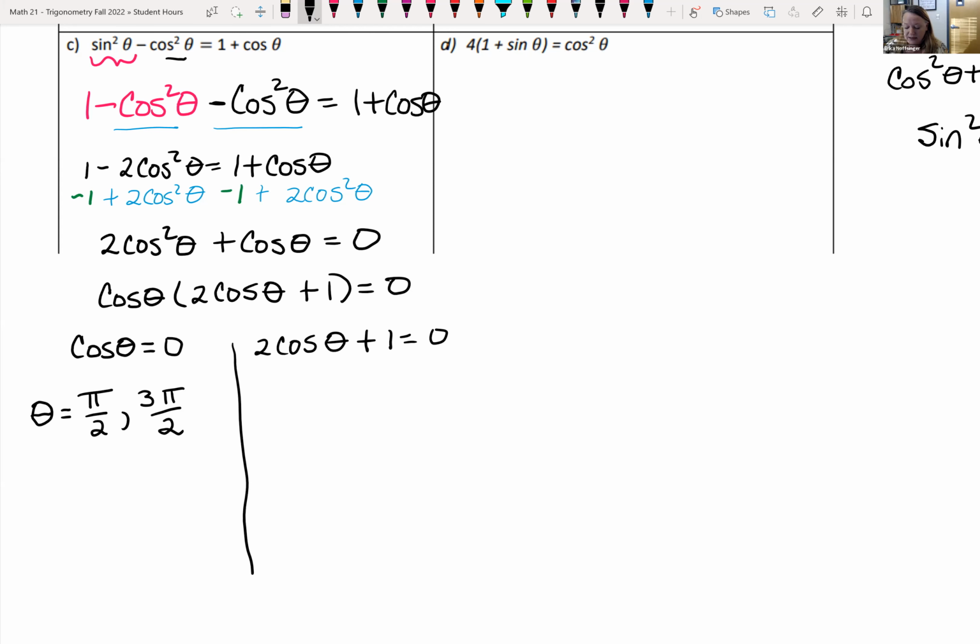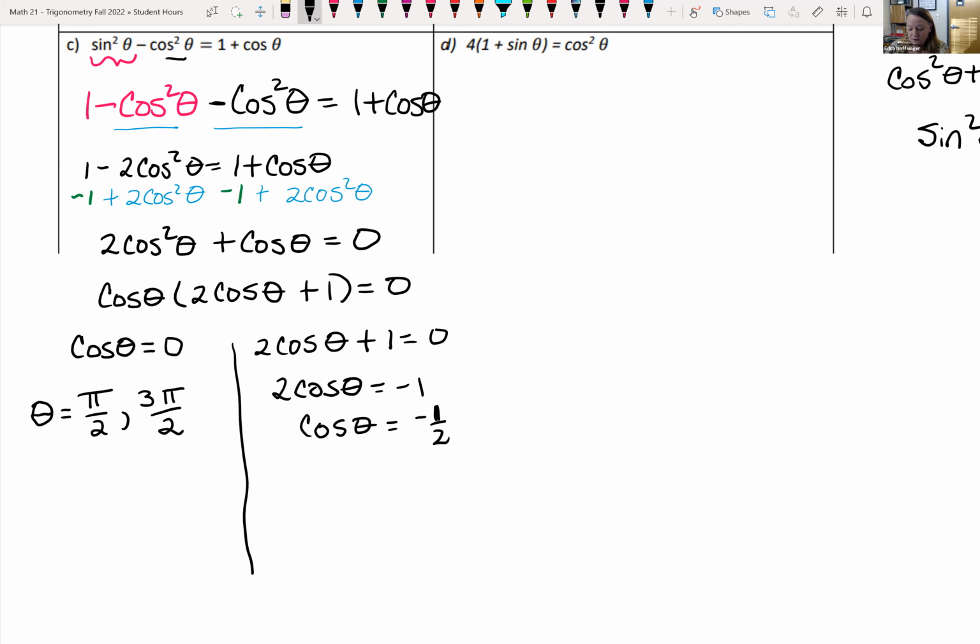Now looking at the next equation, 2 cosine theta plus 1 equals 0. We want to solve and isolate cosine theta. We subtract 1 on both sides, we get 2 cosine theta equals negative 1. Divide by 2, we get cosine theta equals negative 1/2. Values that give me negative 1/2 are when my reference angle falls in the second and third quadrant for cosine.